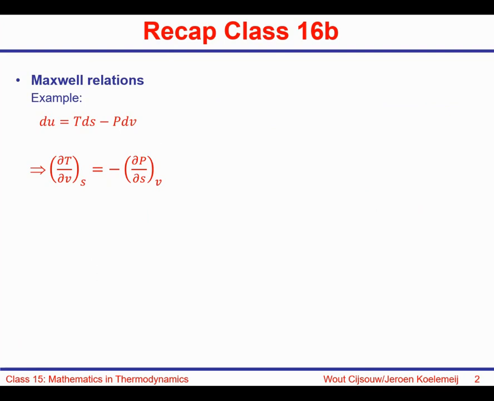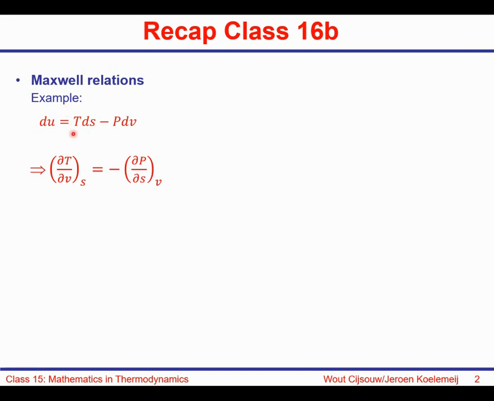Well, before we start off with this new class, let's give a short recap of class 16b, the previous one, where we learned about the Maxwell relations, which can be obtained from total differentials, like the one here for the internal energy. And we learned about this trick. We can look at the first term.